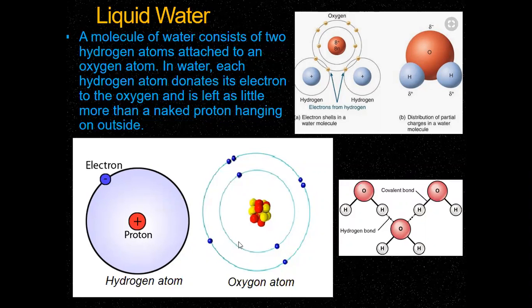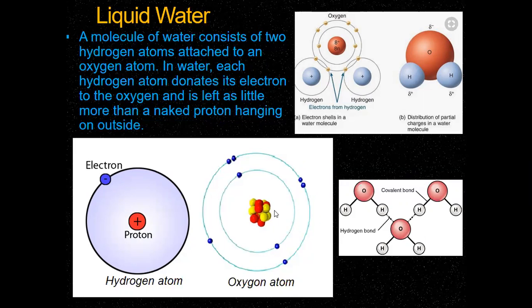On an oxygen atom, you may count the number of electrons. Here we have two electrons in the inner shell, and then 2, 4, 6 in the outer shell. Altogether we have 8 electrons orbiting the nucleus.